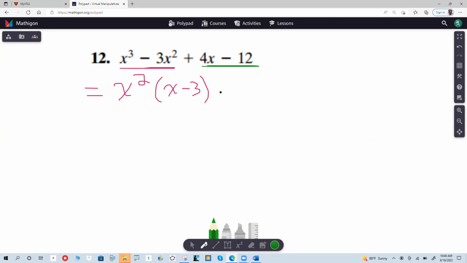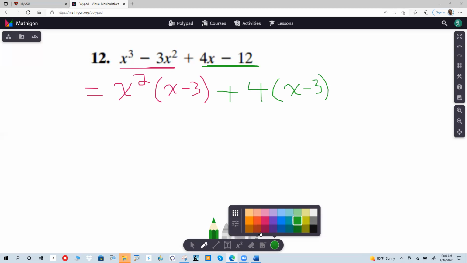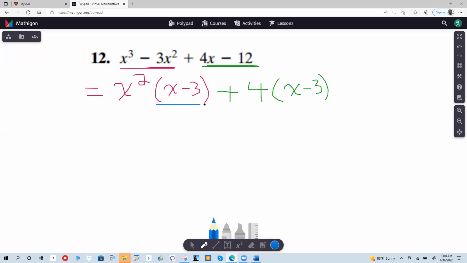I am able to pull out a 4. I'm going to pull out 4 here. What am I left with? X minus 3. Now things look a lot better. They look like the one we just solved. I'm going to use a second color. This is common. And you can guess, I'm going to pull that out further.